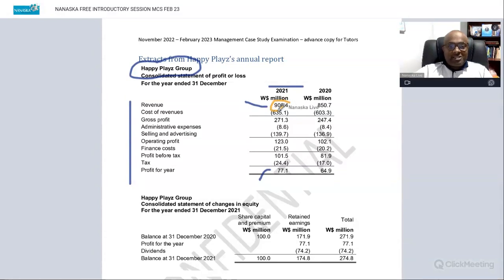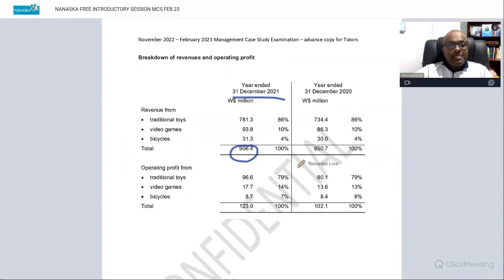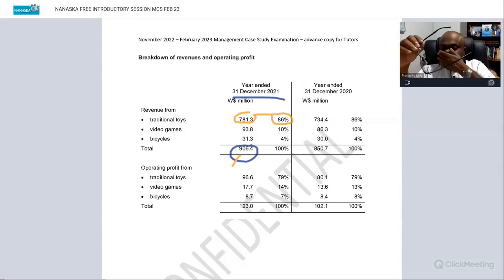Yes, 906.4. Same number, no? You see, 781, which is 86%, is coming from the traditional toys. So 86% of our revenue is coming from the traditional toys.